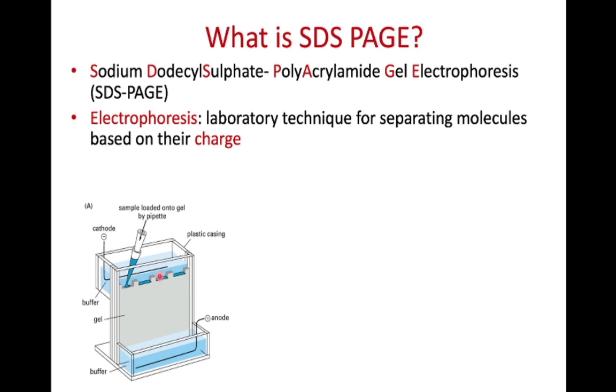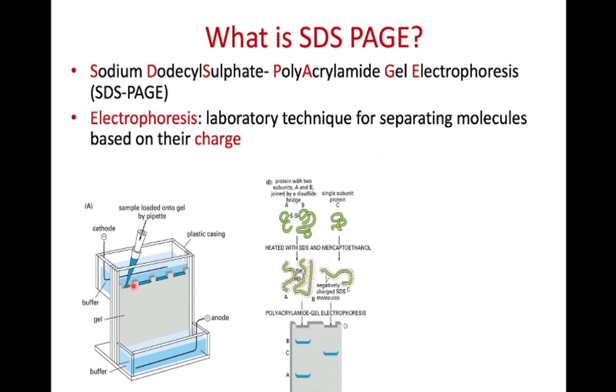What we do is we create a chamber at the top here, and here we load a gel. We pour the gel, which is normally made up of polyacrylamide, and then we load our samples into a well on the gel. First we need to do something to our samples.